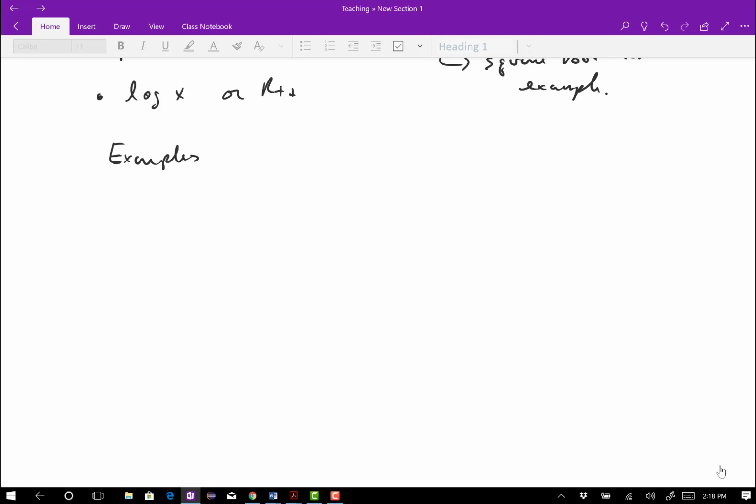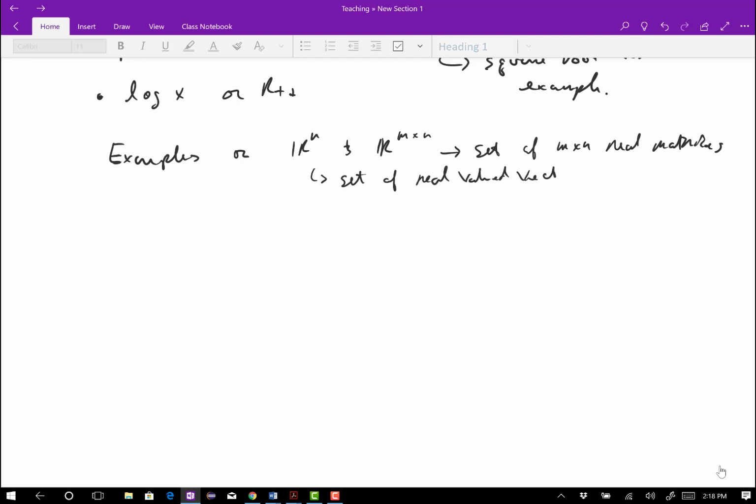So examples of convex functions on Rn and on R m by n, where R m by n is the set of m by n real valued matrices, and Rn is the set of real valued vectors with n elements.